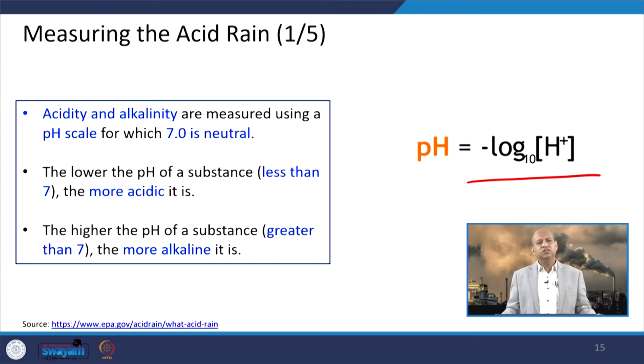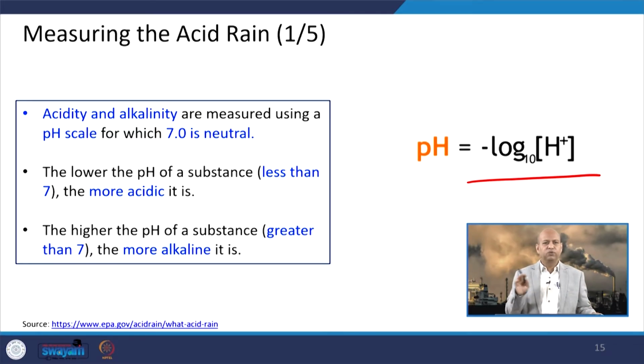The acidity and alkalinity are measured using the pH scale, for which we assume that 7 is neutral. Okay? The lower the pH of a substance is below 7, the more acidic it is known as, and the higher the pH beyond 7, like 8, 9, then we call it alkaline.